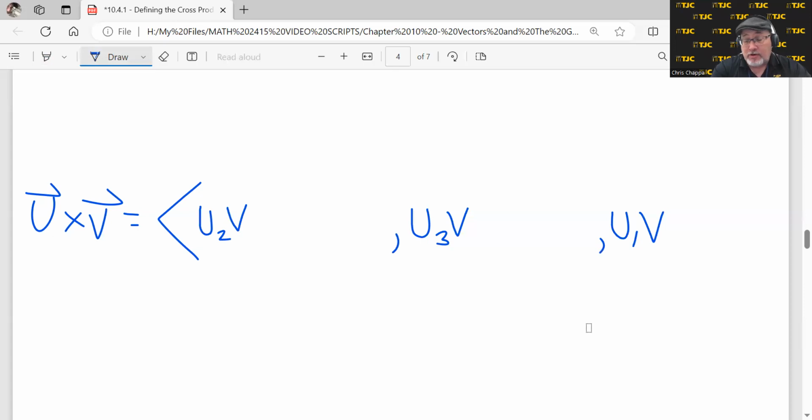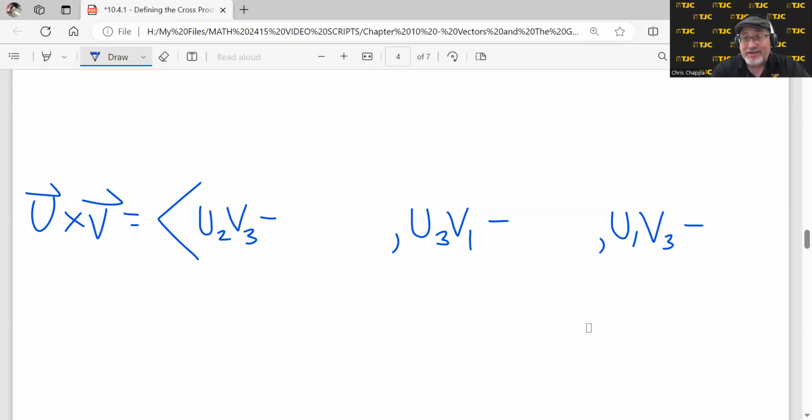So the first component has no subscripts of 1. So the V has a subscript of 3. And it is worth mentioning that within each product, U times V, the subscripts are different. So the second component has no 2s as subscripts. So it's U3 times V1. And the third component has no 3s as subscripts. So it's U1 V2. They're all subtraction problems.